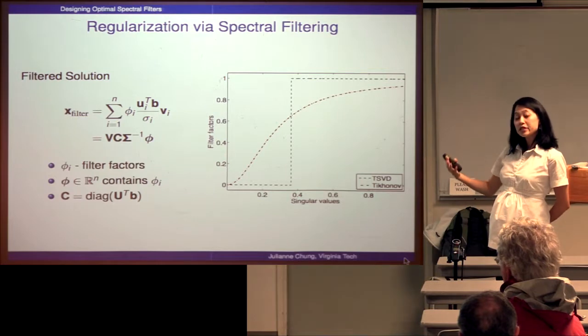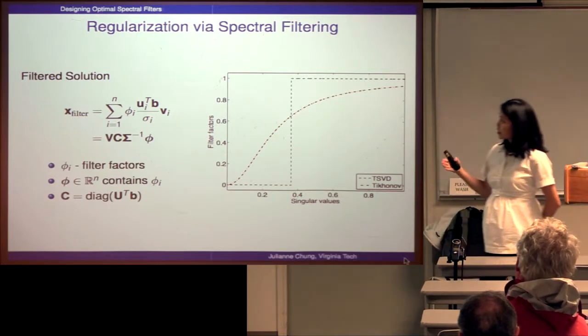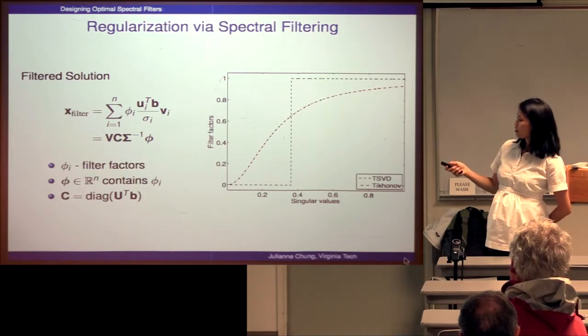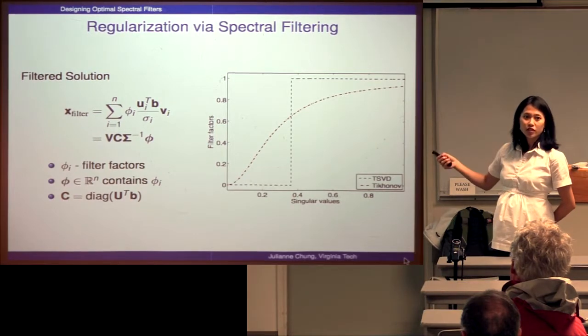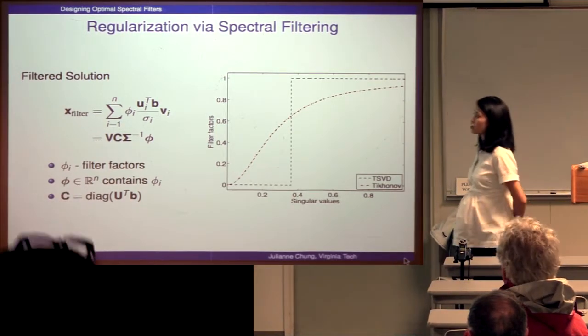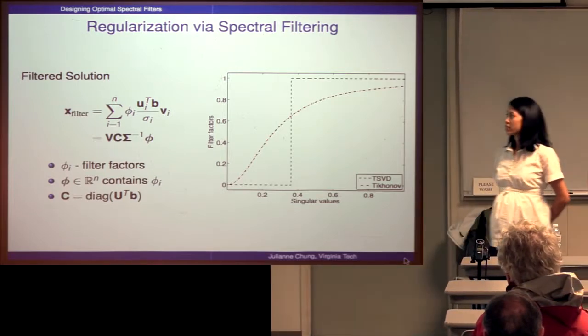That wouldn't be so bad, except that, if you remember, the singular vectors corresponding to the small singular values are highly oscillatory. So you're dividing by a very small number, causing large coefficients, and multiplying by these highly oscillatory singular vectors, causing that inverse solution that I showed you in the very beginning, the one that was just contaminated with noise.